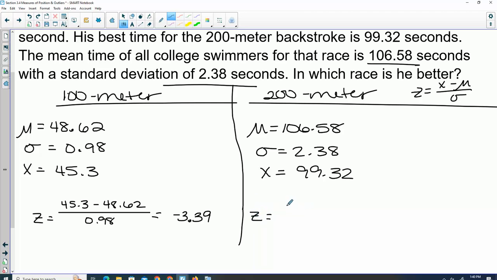So for the 200, his value minus the mean divided by standard deviation. Okay. Why are both of these z's negative?